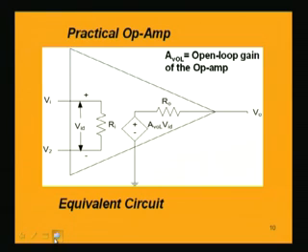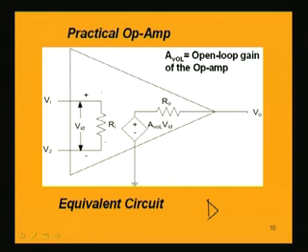Now, if we consider a practical op-amp and draw the equivalent circuit, we get a circuit where inside the op-amp, which we represent by this symbol, we have an input resistance Ri which is not infinity.